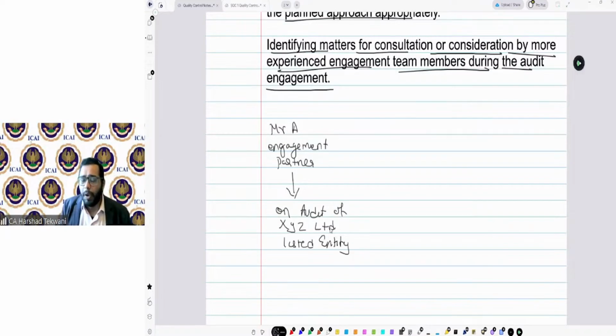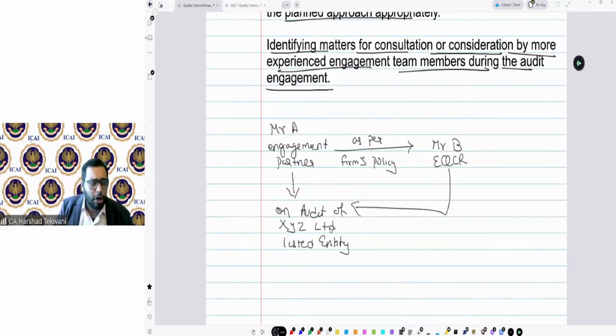So the engagement partner is there for the XYZ listed entity. Now, as per the firm's policy, Mr. B was appointed as an engagement quality control reviewer, again for the audit of XYZ limited listed entity.